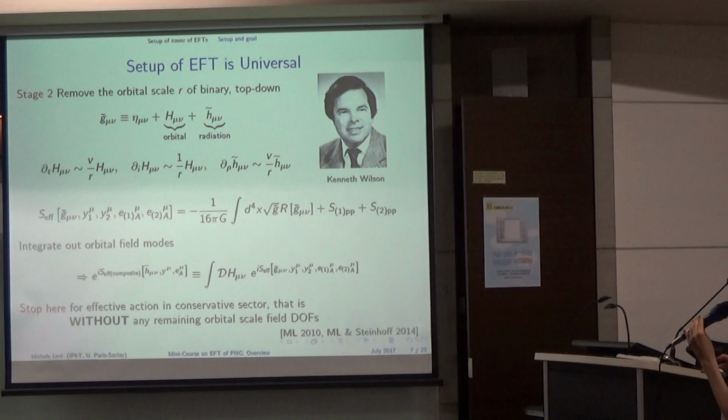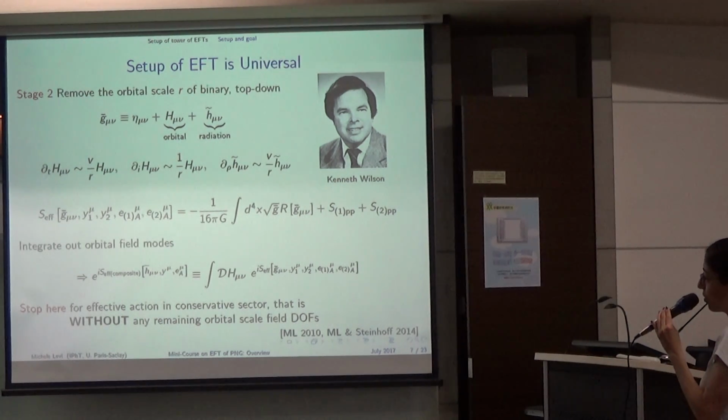On this high energy theory, which appears here, we do the integrating out of the orbital field modes. By definition, it's defined by the functional path integral, and as we usually compute functional path integrals, it means evaluating the Feynman diagrammatic expansion by the usual perturbative methods.